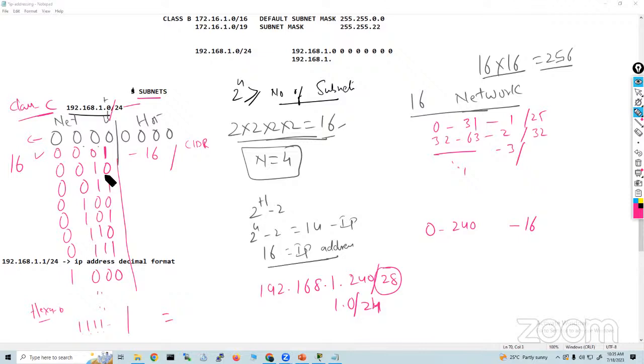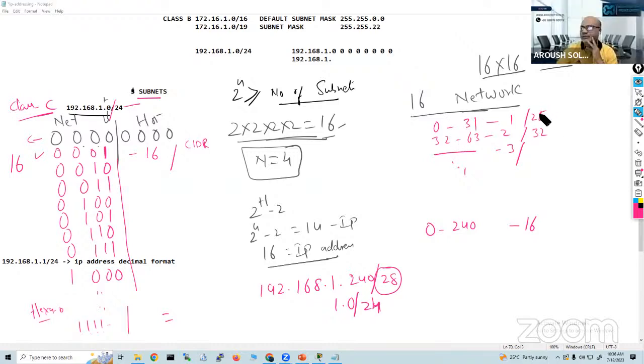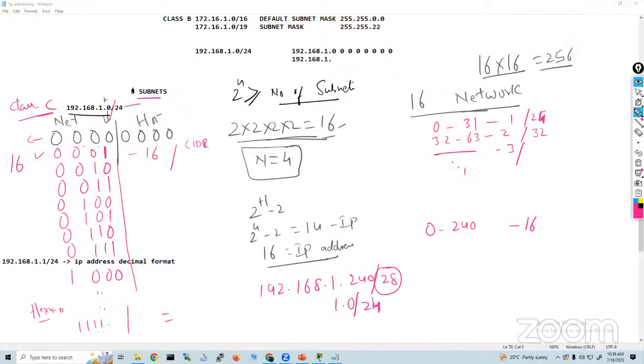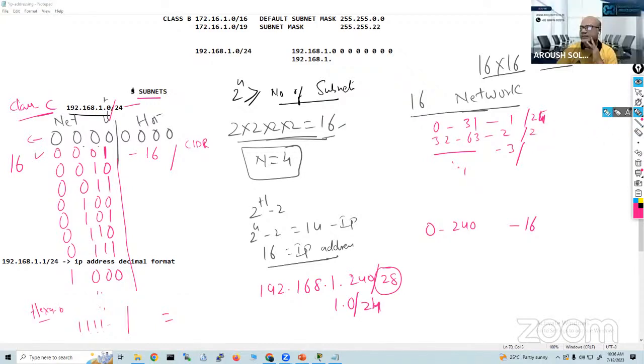Sir, on the first network you're trying to list is 0 to 31. The subnet CIDR, won't it be 24 instead of 25? Yeah, first one is 24. Then the second one will be 25.